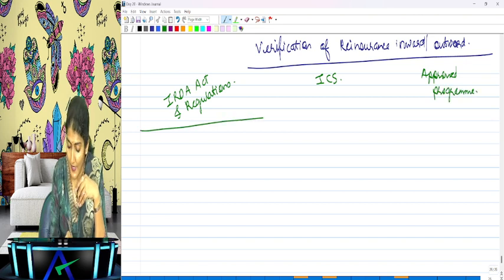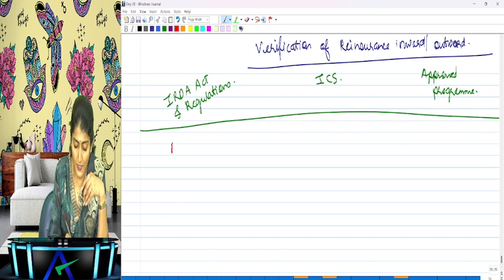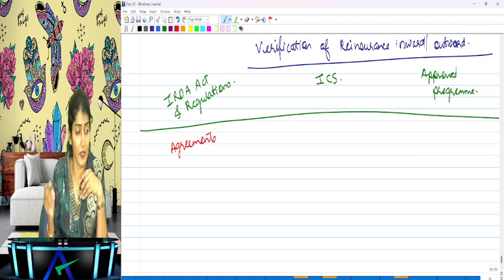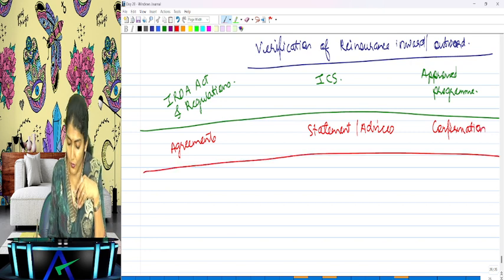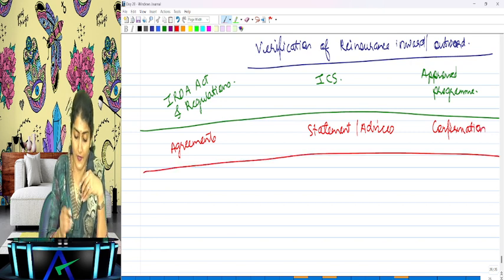Then you can check the agreement which has been entered into with the reinsurer or the ceding company. Then you can also check the statements and the advices. And as an auditor, you can also obtain the confirmation from the other insurance company, it could be the reinsurer or the ceding company.